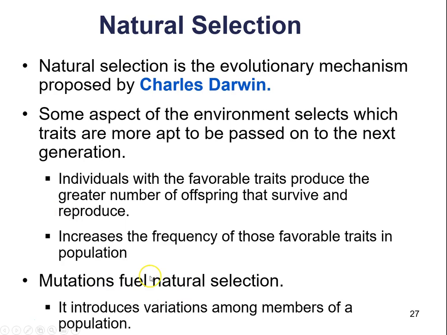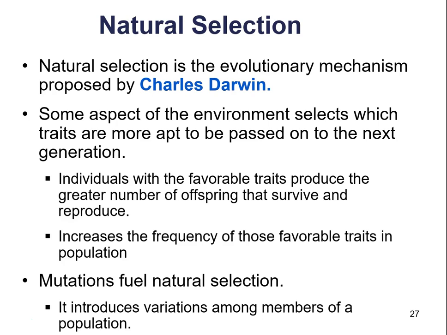Down here, I already said this too. It says mutations fuel natural selection. When we say a mutation, that just means a genetic change. That means there is some random genetic change that occurs first. If that genetic change or mutation makes that organism more suited or more fit for the environment, then that organism is going to be more likely to survive and reproduce.